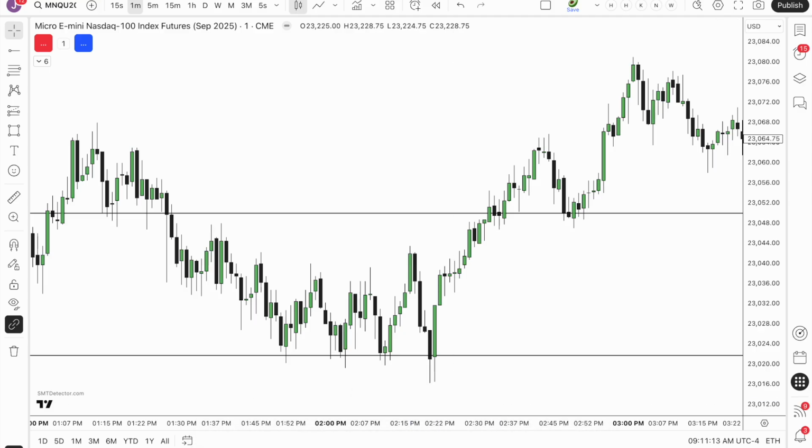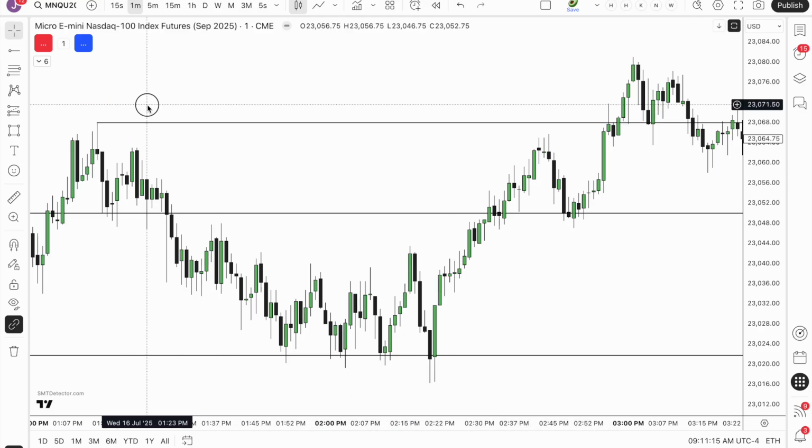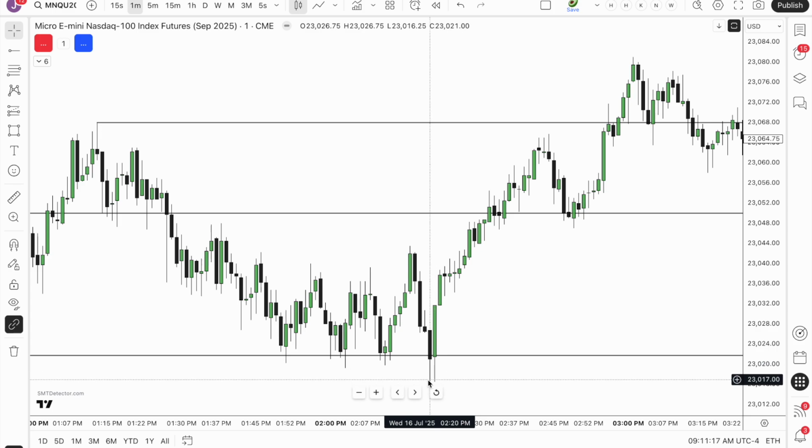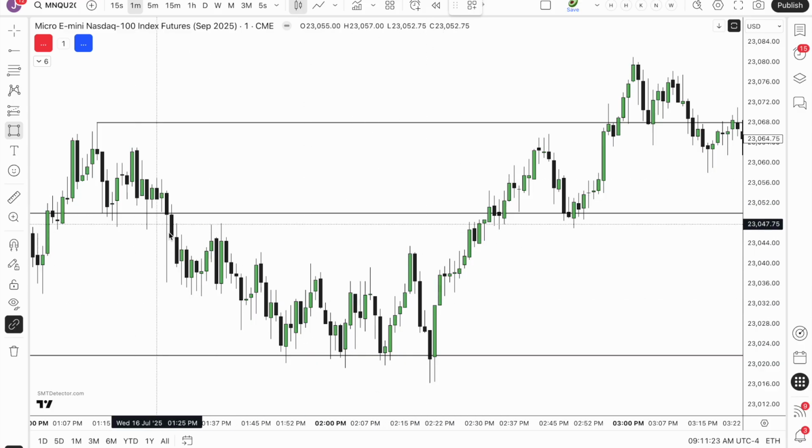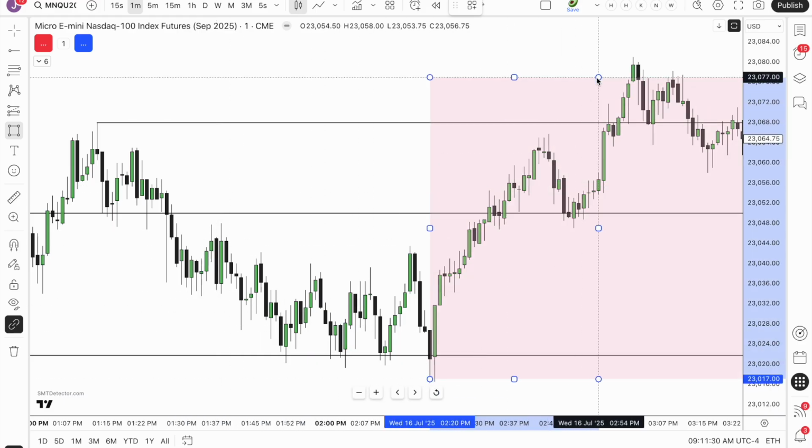So we have original consolidation, SMR down here, and then a lot of high resistance liquidity here. So this left side of the curve was a high resistance liquidity run, right side of the curve low resistance.